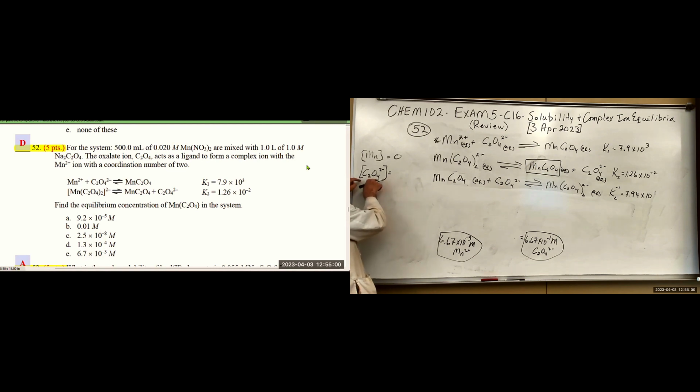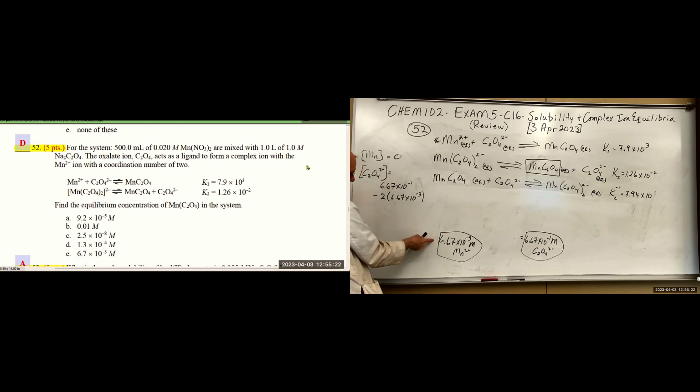So this concentration will be 6.67 times 10 to the minus 1 minus 2 times 6.67 times 10 to the minus 3, because we lost all our manganese.